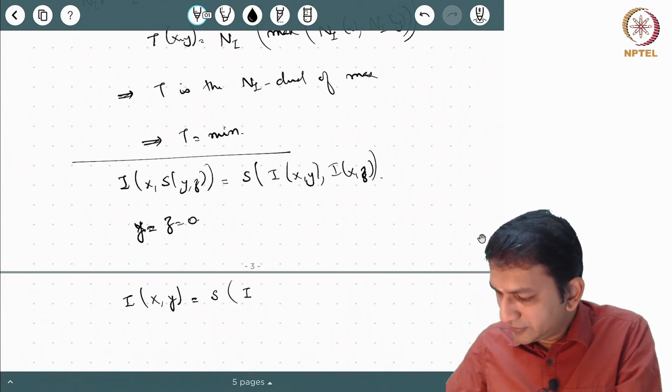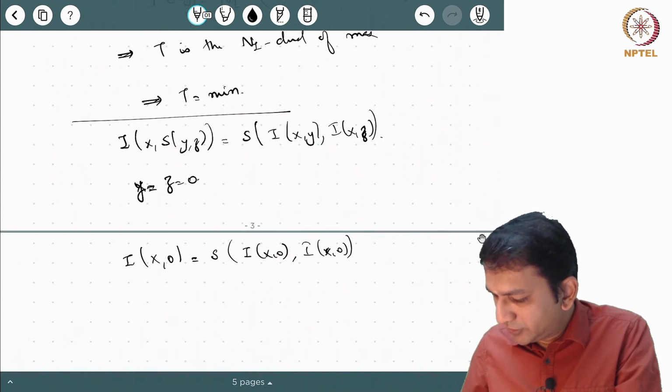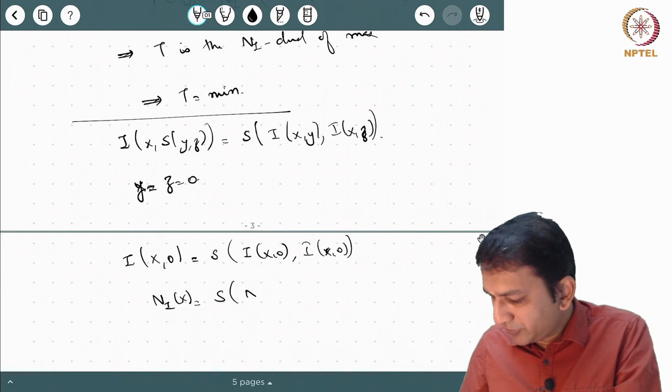Then what we have is I of x comma 0 is equal to s of x comma 0. Now this is Ni of x is equal to s of Ni of x comma Ni of x.